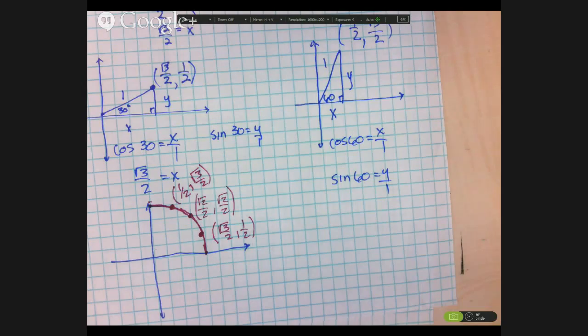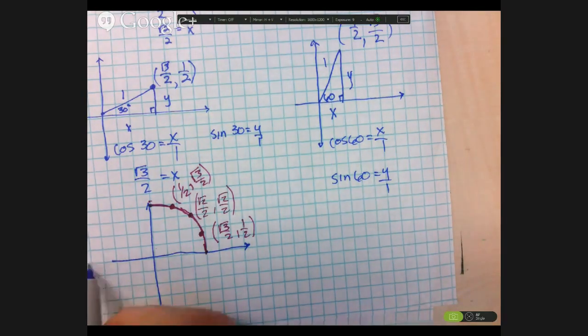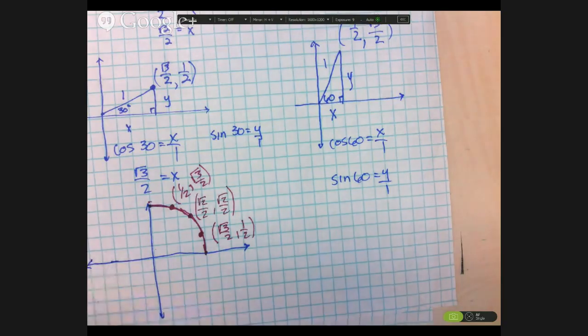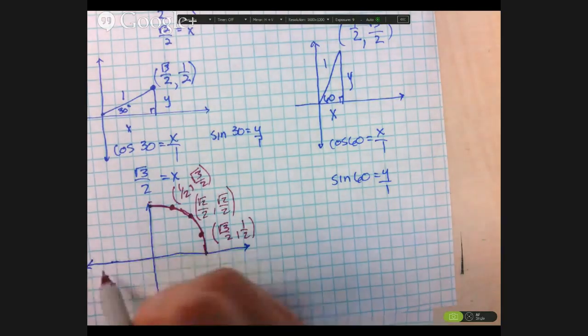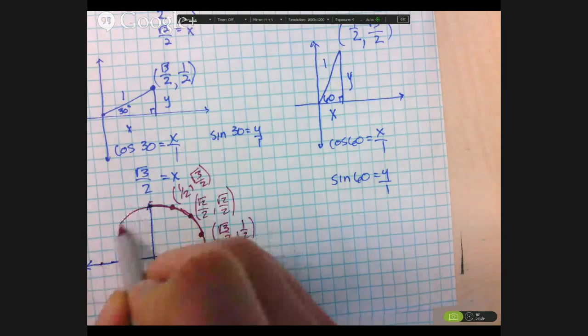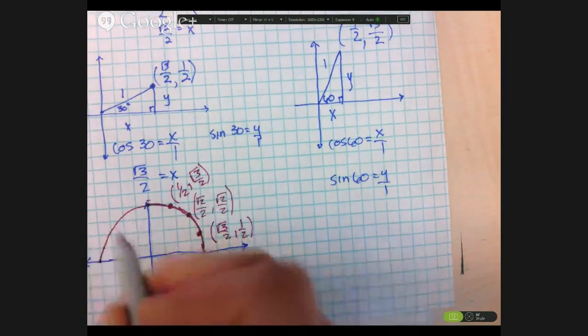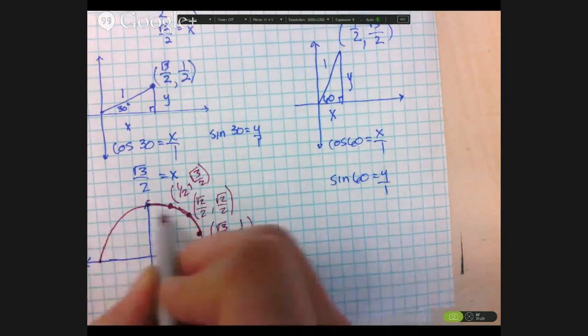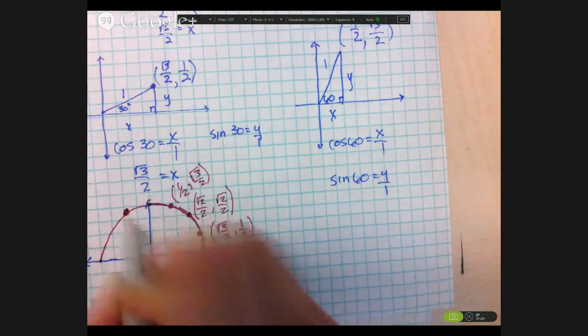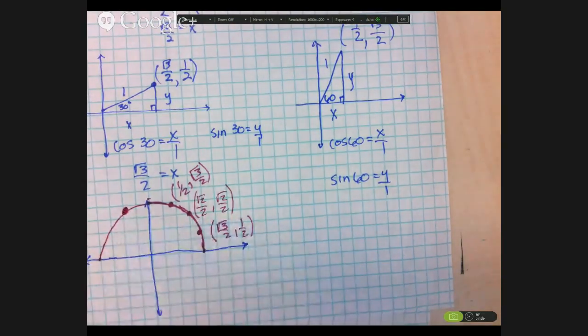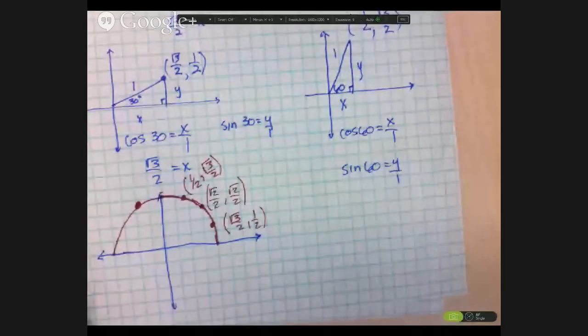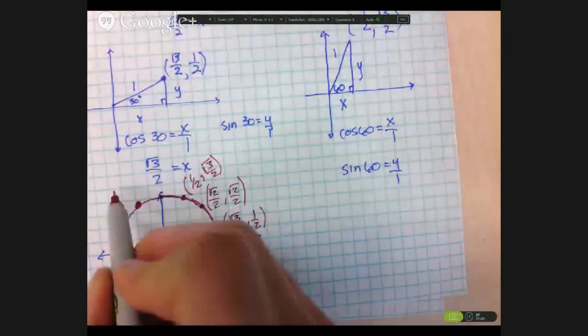Now here's the neat thing about the unit circle. What are the coordinates of that point? Negative.